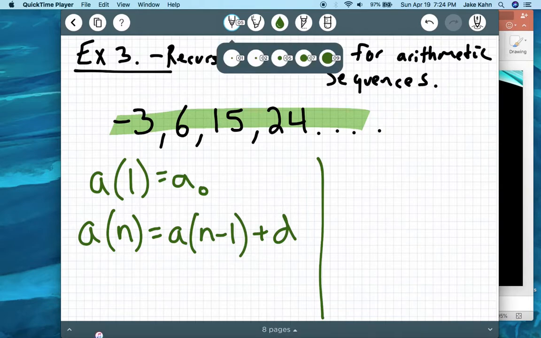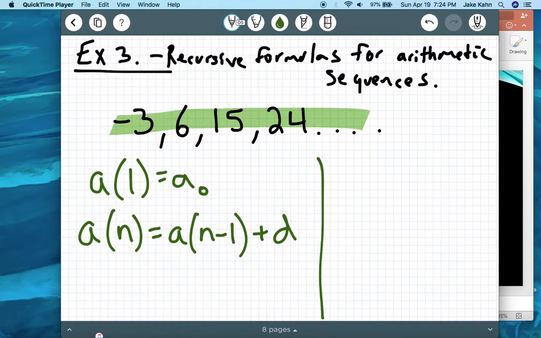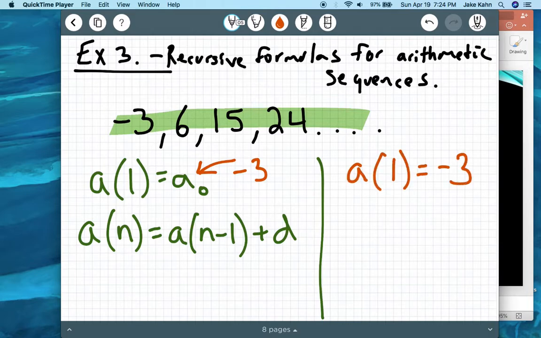For our problem here, what is a sub naught equal to? Well, a sub naught is equal to your first term, so this is equal to negative 3. Your first equation would read a of 1 is equal to negative 3. What is your d value? Your common difference is the difference between each of the numbers.